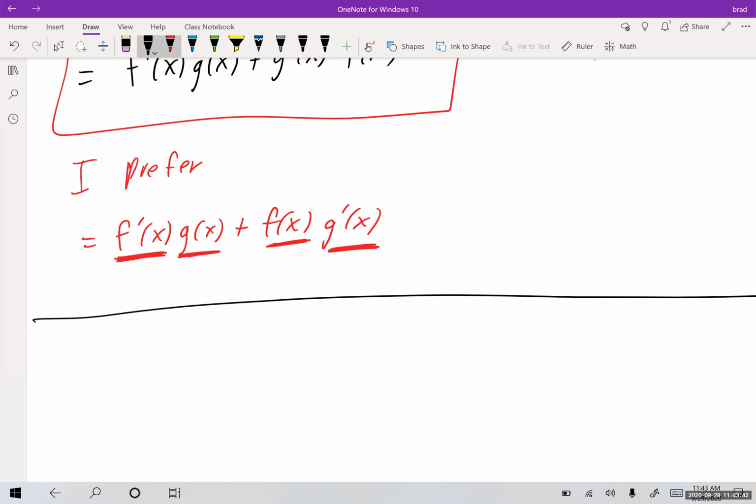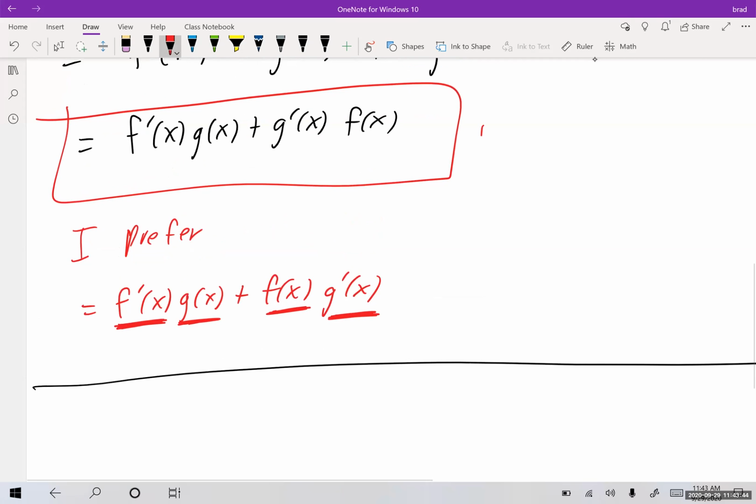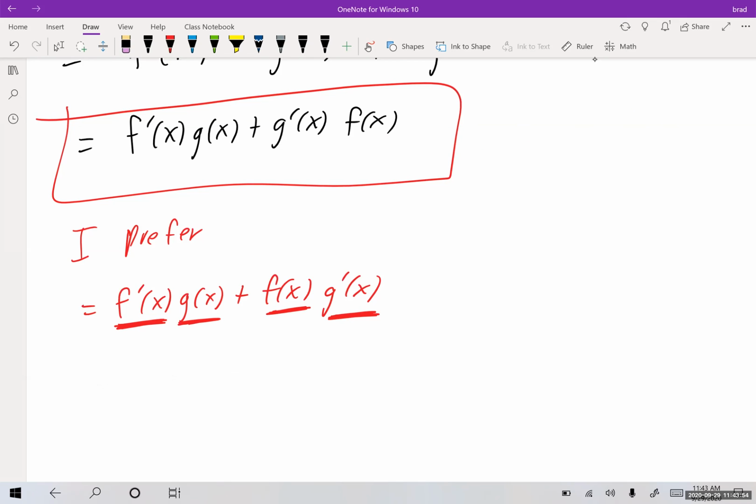So this is the product rule. Okay, you know what, let me write it more formally. So product rule.